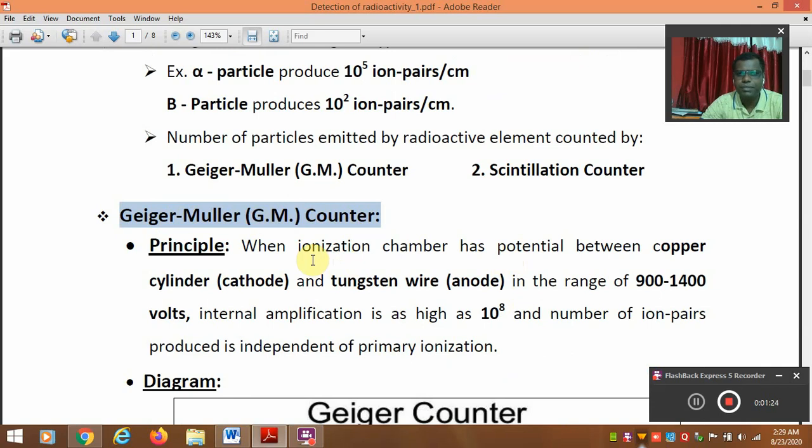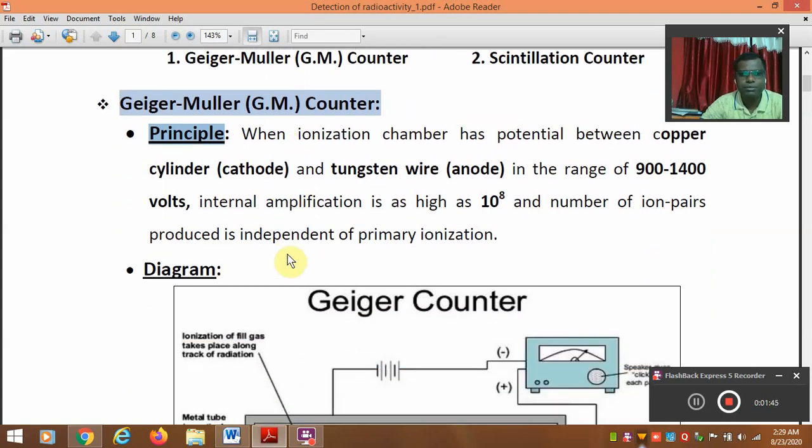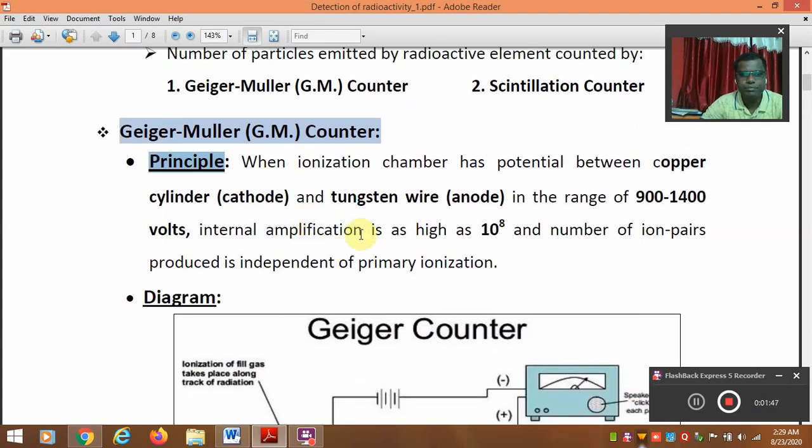Dear friends, in the previous lecture we also discussed the principle and the setup of the Geiger-Counter, how it works to count and detect the radiations emitted by any radioactive element. We discussed that when the ionization chamber has a potential between the two electrodes, one is the cathode and the other is the anode.